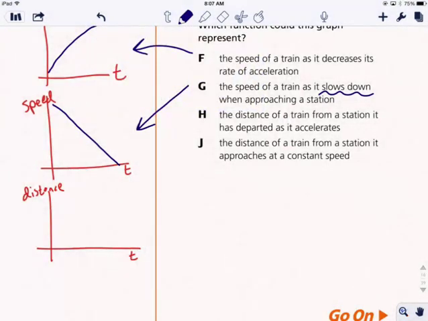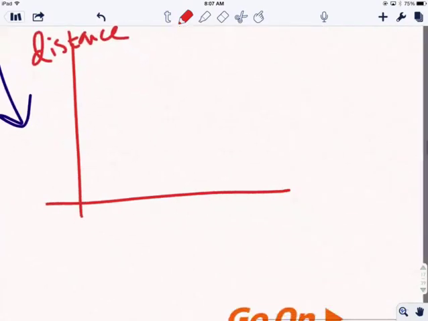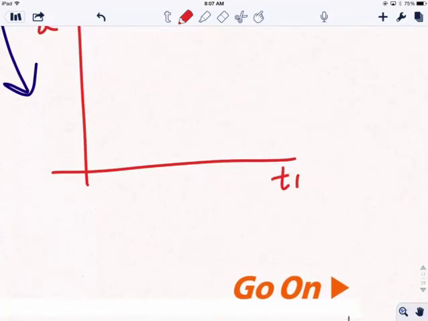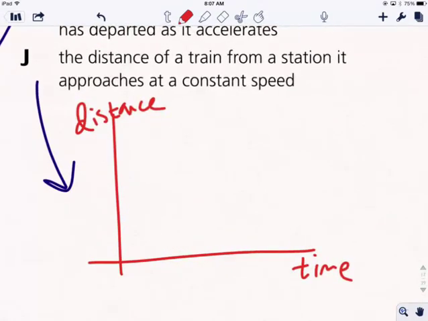Let's see, it's kind of hard to see what h looks like, but let's do j. Distance and time. J, the distance of a train from a station as it approaches at a constant speed. So that means that the graph is going to look like this as well.